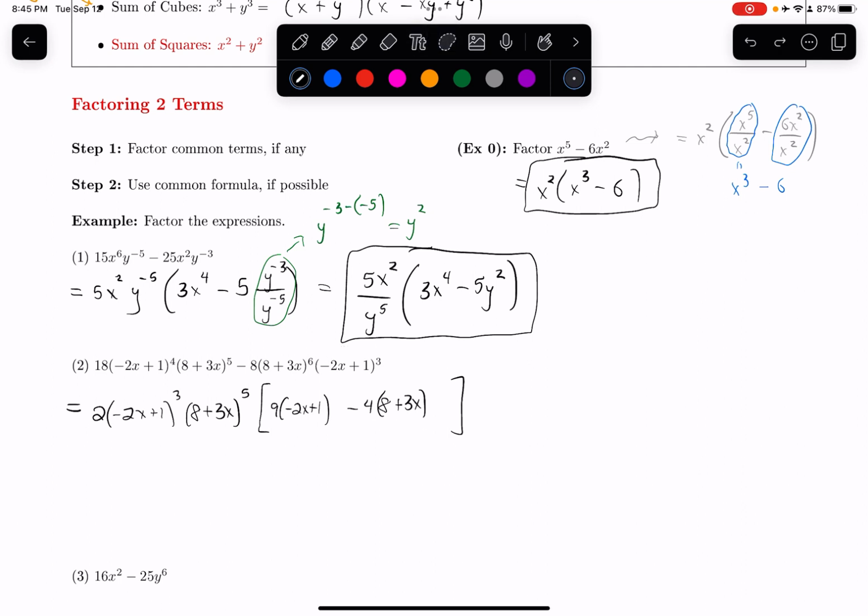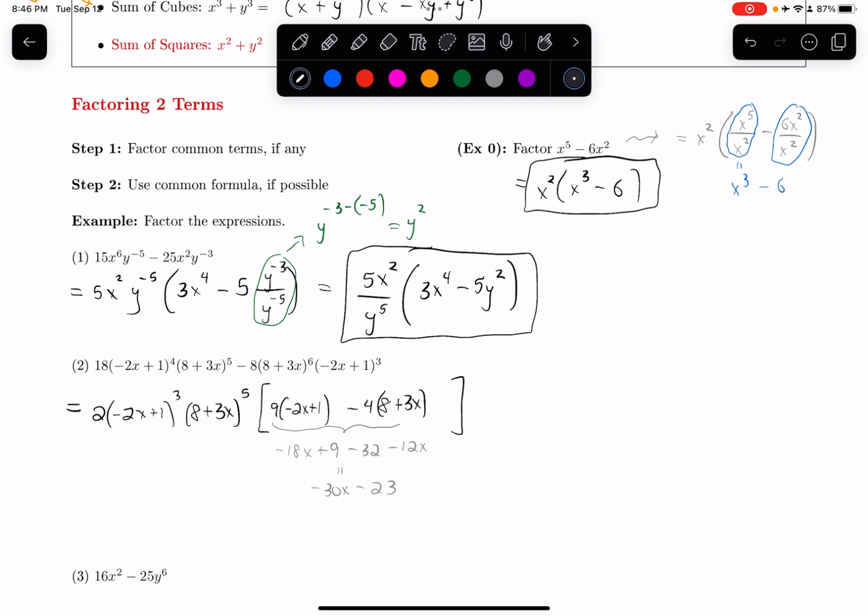Cool. Okay, so let's now simplify all of these leftovers. So I can distribute in the 9 and get negative 18x plus 9. I can distribute the negative 4 and get minus 32 minus 12x. And then simplifying that, I get minus 30x, and then plus 9 minus 32, that's negative 23.